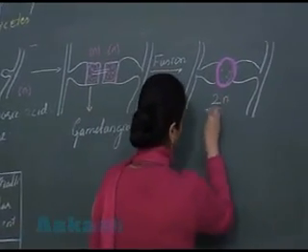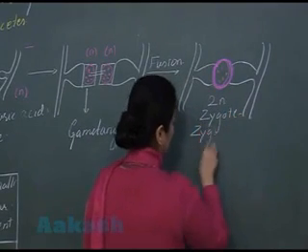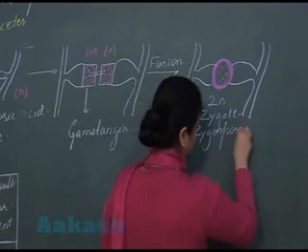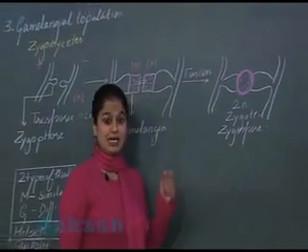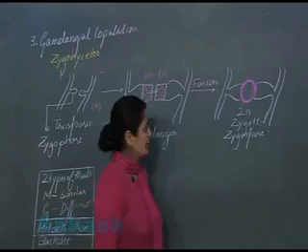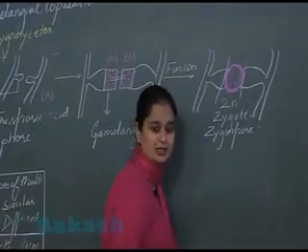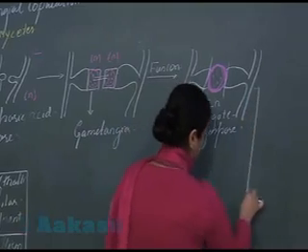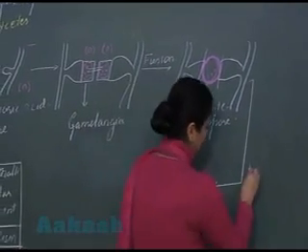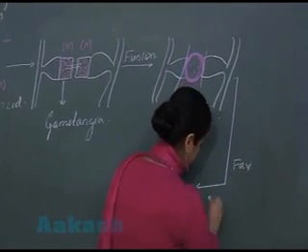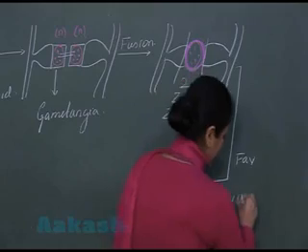This thick walled diploid zygote which is formed, this is known as zygospore. जो thick wall zygote है इसको हम कहेंगे zygospore. ये जो zygospore है यहां से रिलीज हो जाएगा. Yes, it can be released from here. It can be released from here, and under favorable condition, this zygospore, it will germinate.